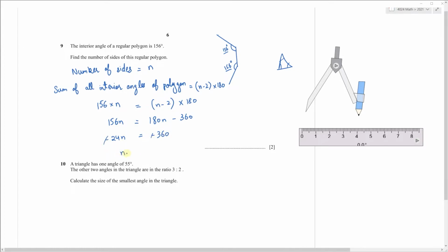Minus minus cancel out, n equals to 360 divided by 24. Both are divisible by 6. 6 times 4 is 24. 6 times 6 is 36, and then 0. 4 times 1, 4 times 1, 2 remainder, 20, and 15. So your answer here is 15. N equals to 15. So the number of sides of this polygon is 15.